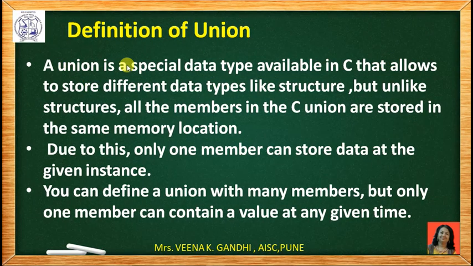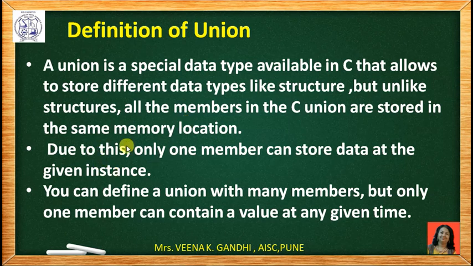A union is a special derived data type. It allows you to store different types of data like a structure. But unlike structure, all the members in the union are stored in the same memory location. Means in structure, for every member we allocate memory. But in union, all the members share the memory.